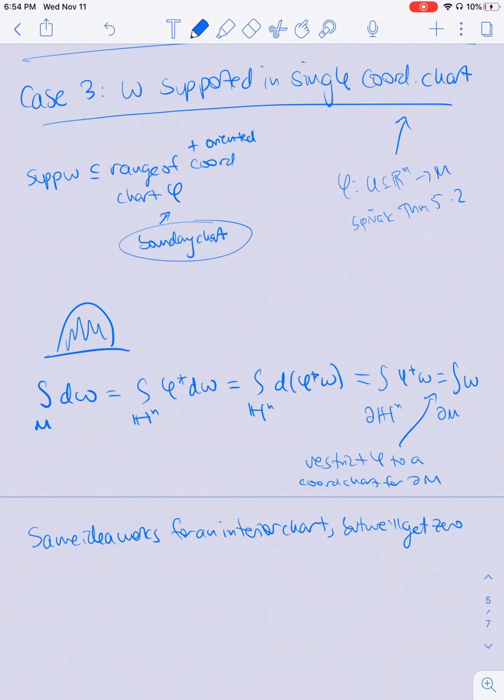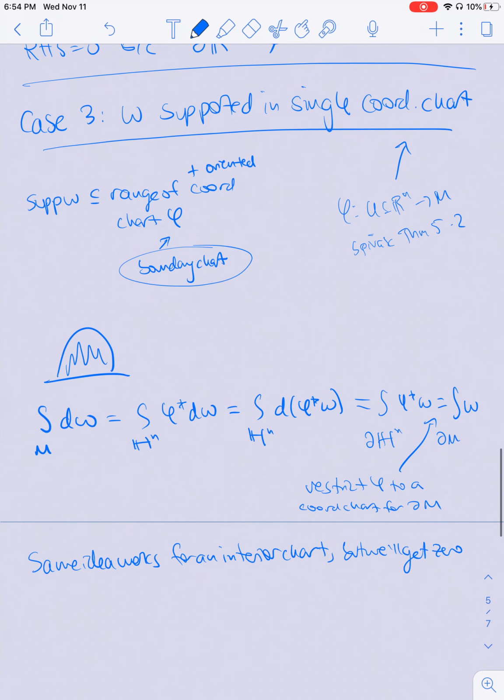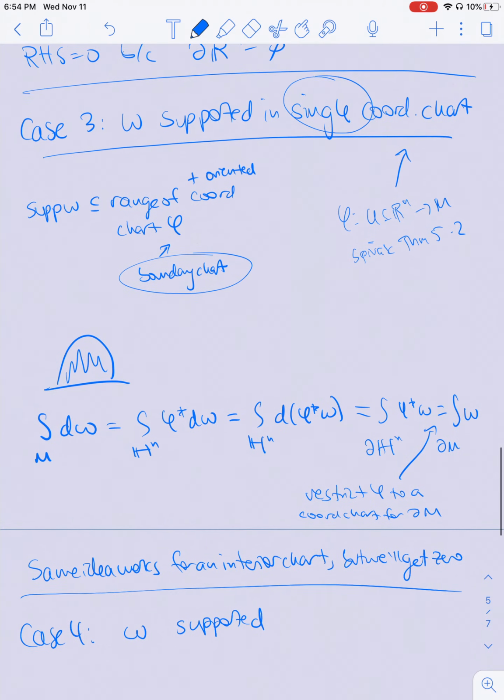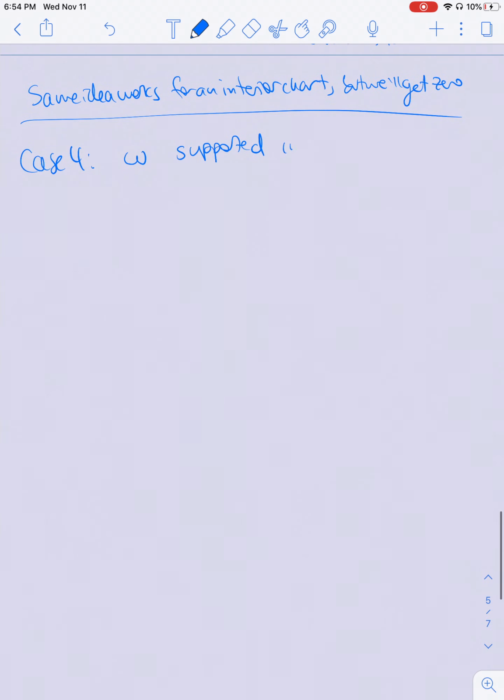Okay, so we've considered omega being supported in a single coordinate chart. So the final case is where omega is supported by finitely many coordinate charts. So omega is supported in the range of some set of finitely many.